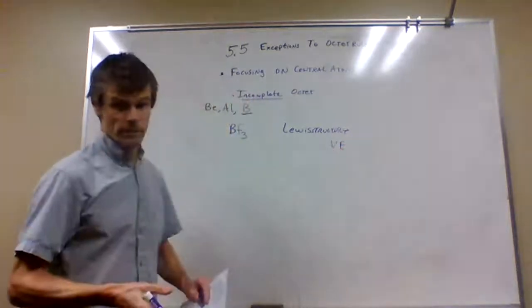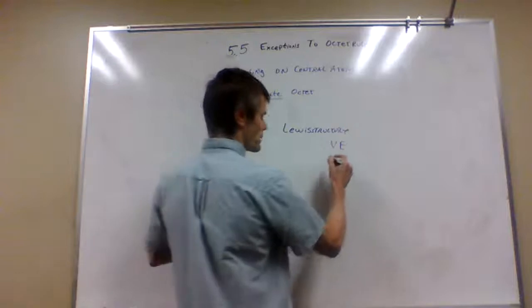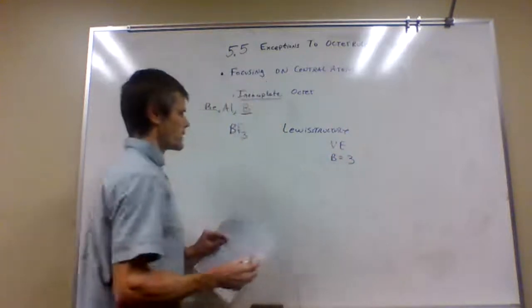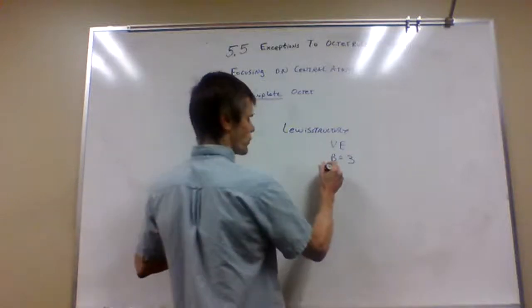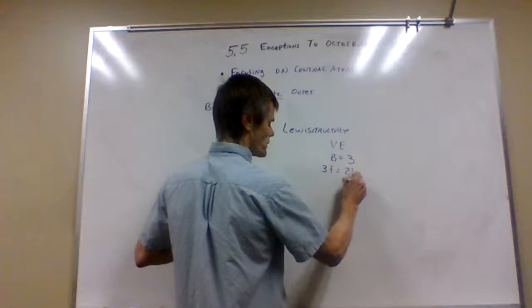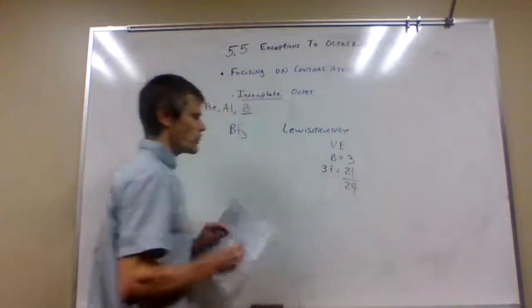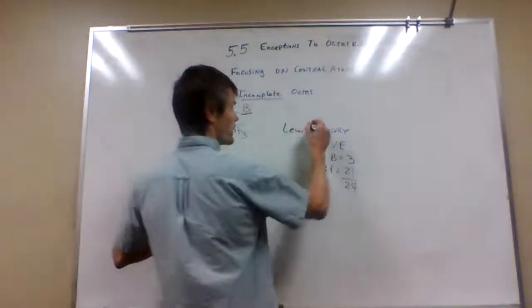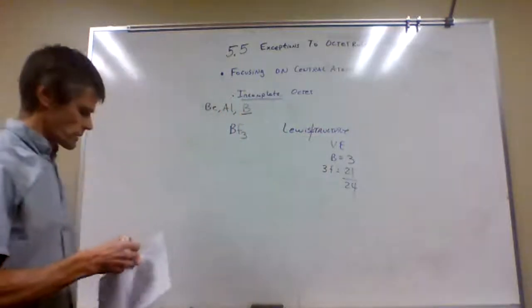Let's do that. Boron is in group 3A. Boron has 3 valence electrons. There are 3 fluorine, and each of them provides 7. We have 24 valence electrons to work with when we're building our Lewis structure.